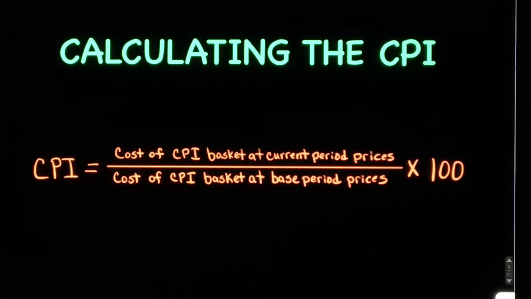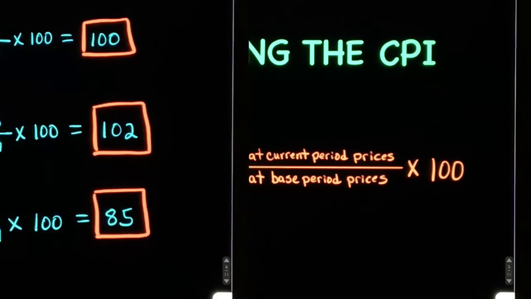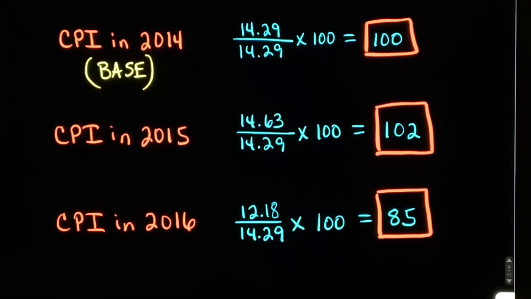And we will set 2014 as the base period price. Since 2014 is set as the base year, the CPI is 100. In 2015 it has increased to 102, and in 2016 it has decreased to 85.